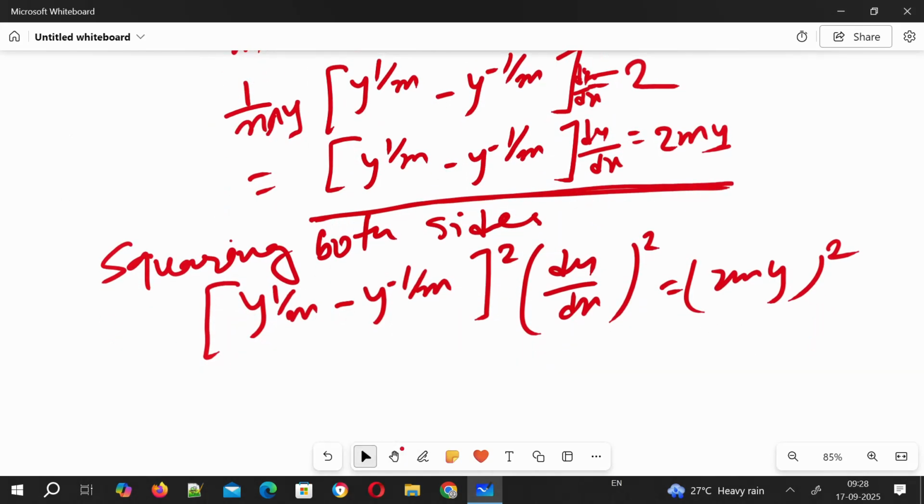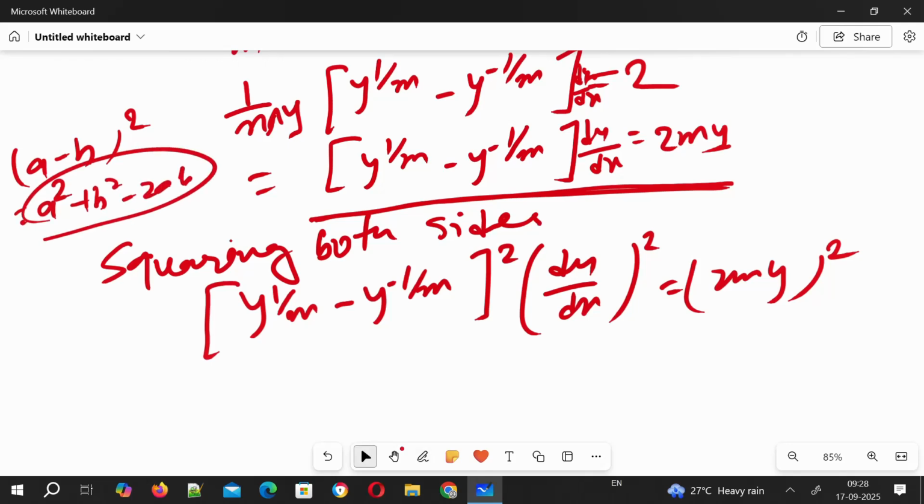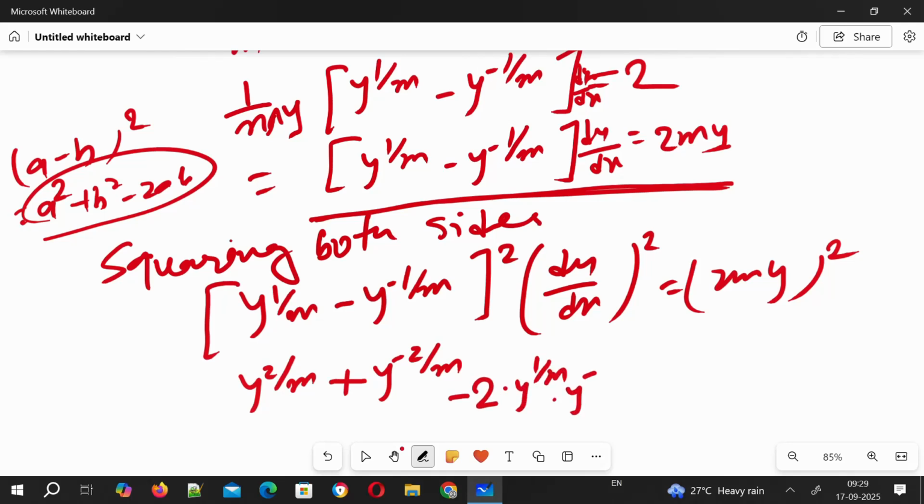Once you square in the form a minus b whole squared, you write a squared plus b squared minus 2ab. So you write this equation in this form: y to the power 2 by m, plus y to the power minus 2 by m, minus 2 times y to the power 1 by m times y to the power minus 1 by m.